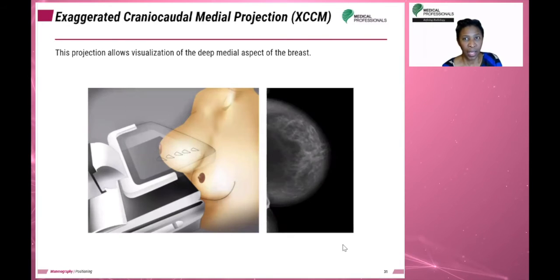Now the XCCM, this is a projection of the medial breast. This focuses on getting the deep medial tissue. Typically for this projection, you keep the patient in CC position, and don't tilt, but you turn them so that you get the deep medial portion. Bringing the opposite breast onto the imaging plate oftentimes assists with getting that deep medial portion of the breast.